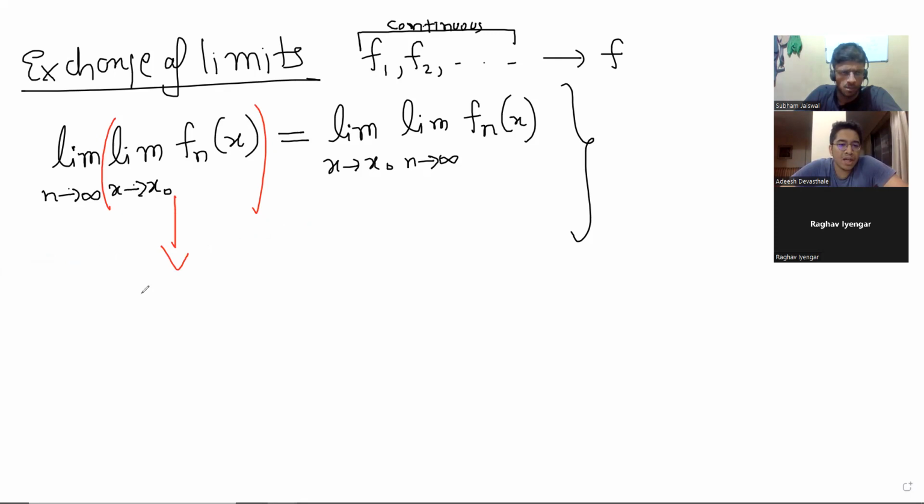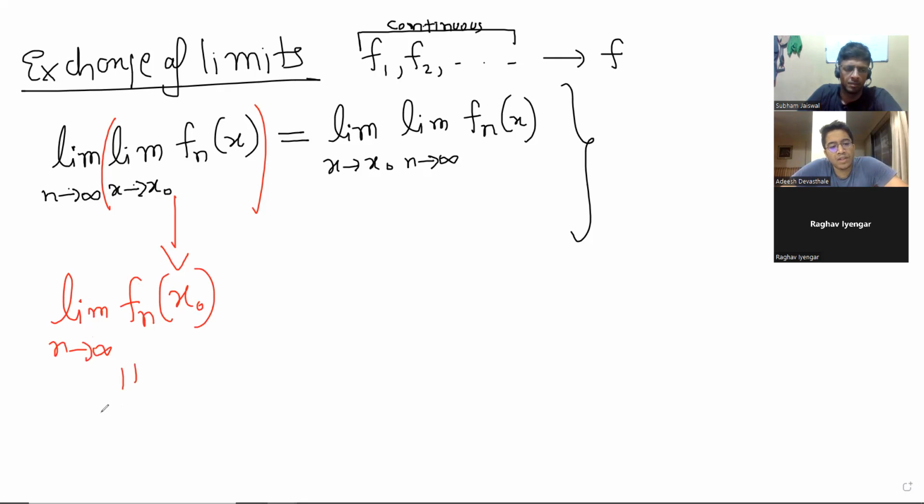So that just becomes fn of x naught. And now for the outer limit, it is given that fn converges to f, so the limit of fn of x naught as n goes to infinity will obviously be f of x naught.